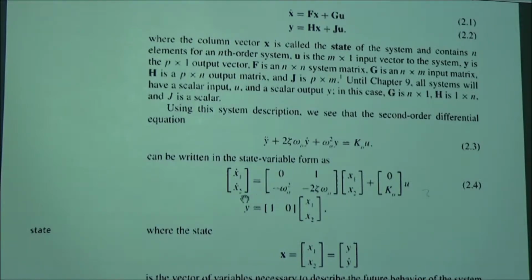So here you have x2 dot is minus omega n squared x1 minus 2 zeta omega n x2 plus k0 times u. Now you can see equation 2.4 is a valid alternative representation of this second order differential equation. This is called the state space form.